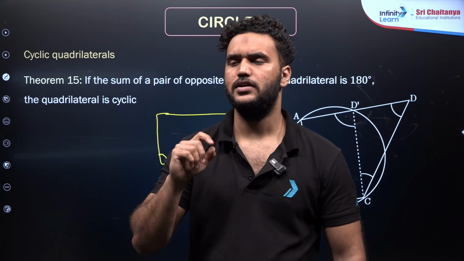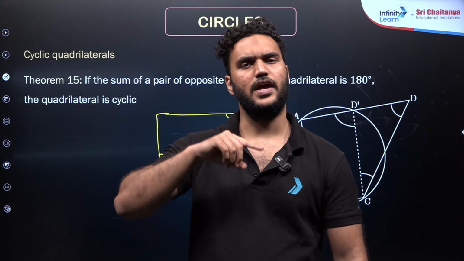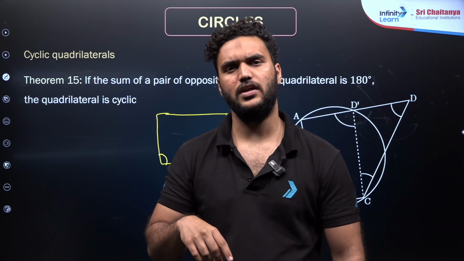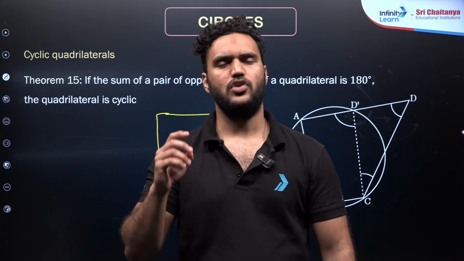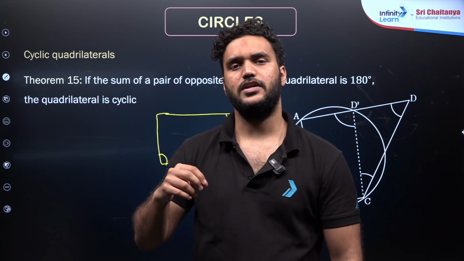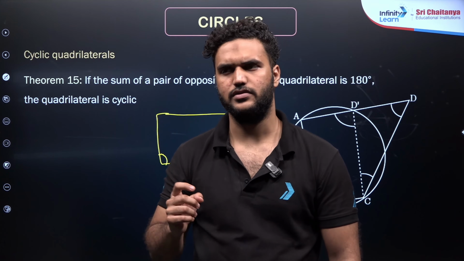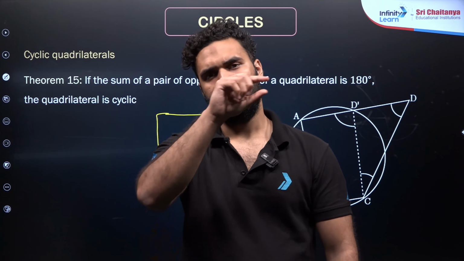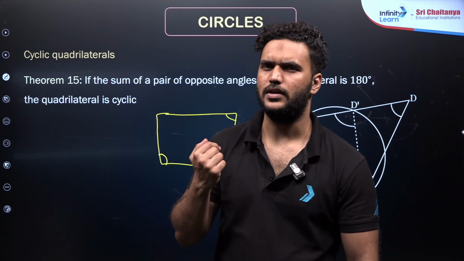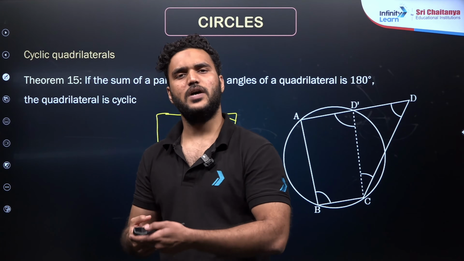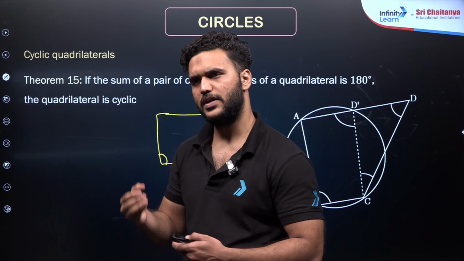How did we prove that? We proved it using the angle subtending property: the angle subtended at the center is twice the angle subtended at any point on the circumference. Use that property to prove that the sum of these two must be 180. Then the reverse part should also be true.